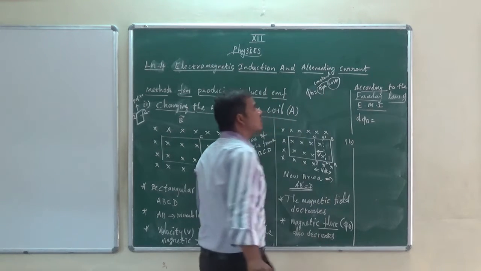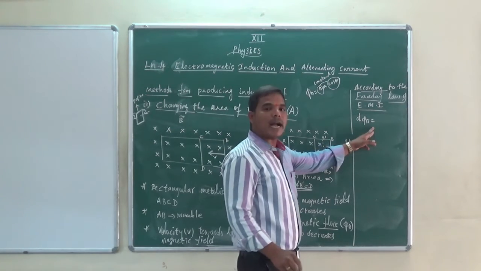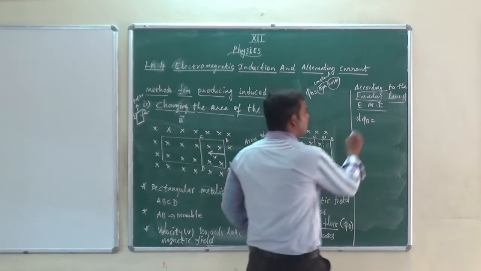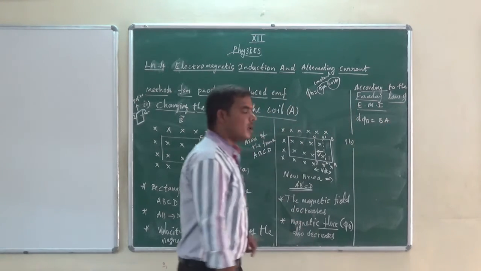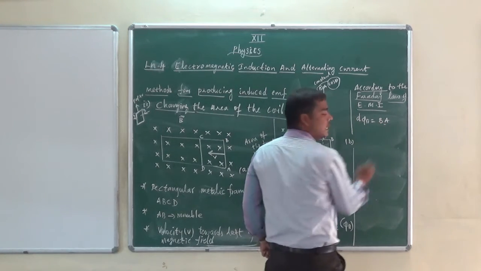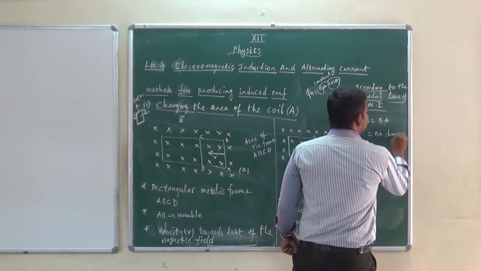So what are we changing? We are changing the area. So the change in magnetic flux is nothing but B into the change in area, where A means area, isn't it?